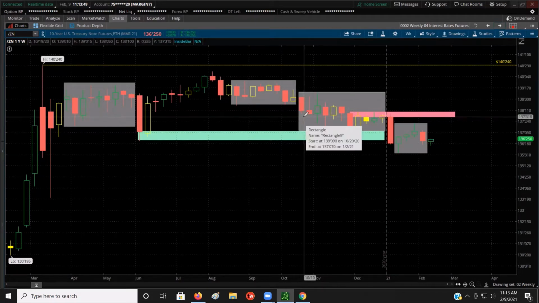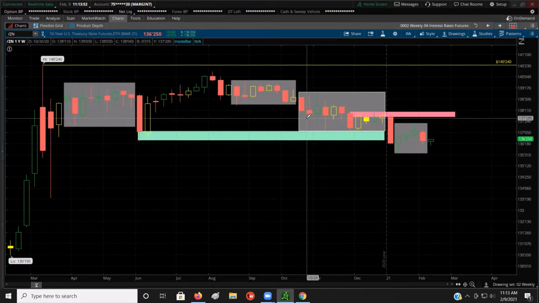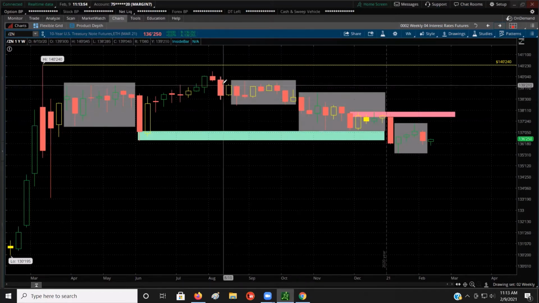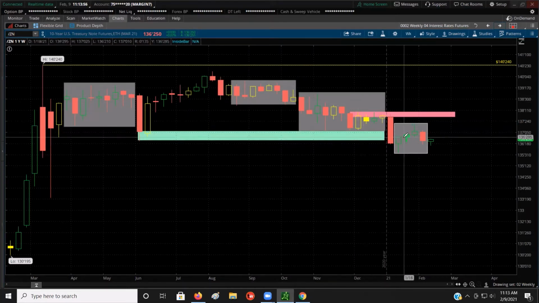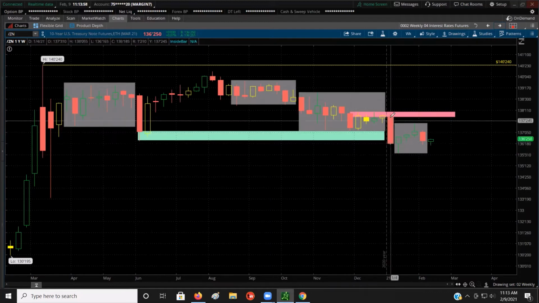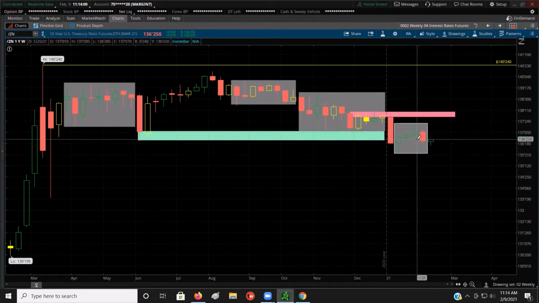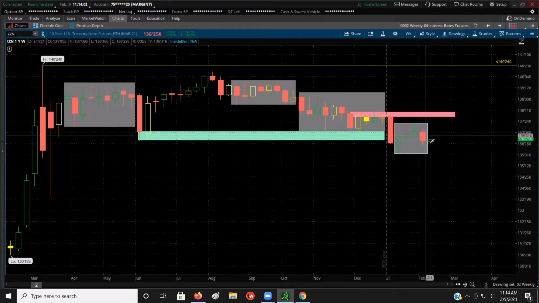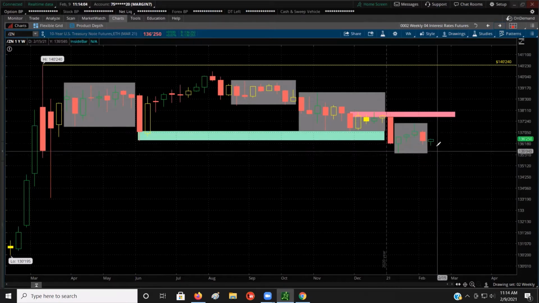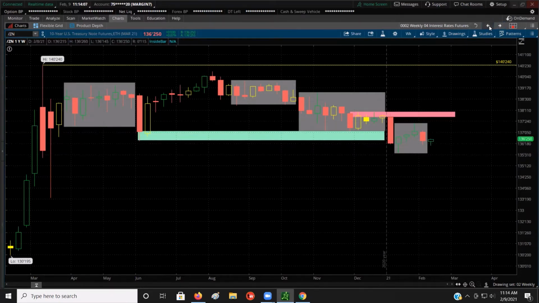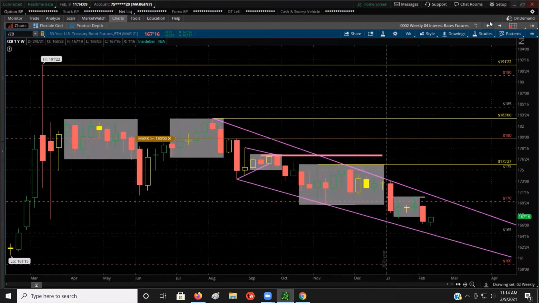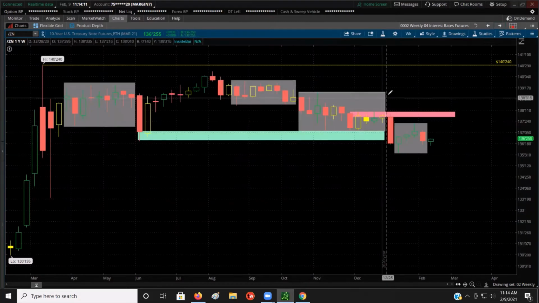Not as much decline in a wedge as a 30-year. Staircase pattern lower low. This was a demand zone. We broke below it and now building consolidation. Most likely still to the downward. But again, much steeper on this one, the 30 than the 10.